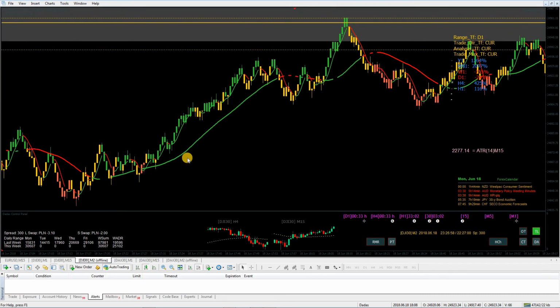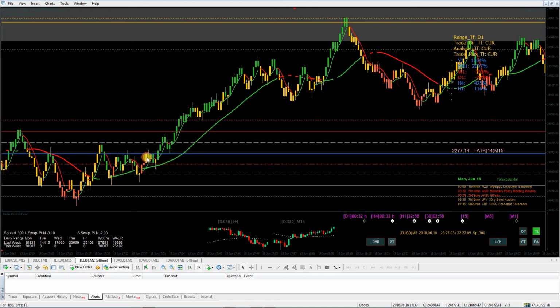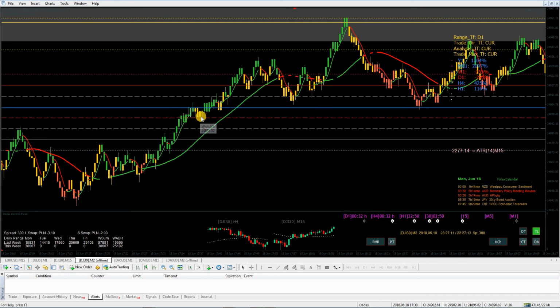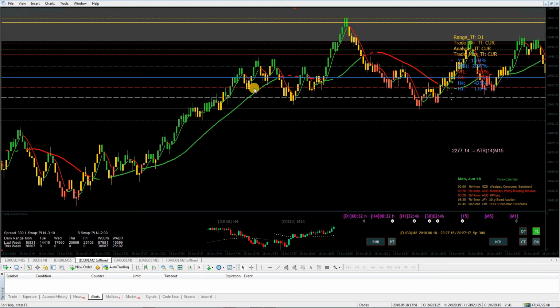You see, so on this trend you had an opportunity to get in right there, somewhere at a good price. You maybe had an opportunity to get in right there, and then you even had another opportunity to get in after this retest. But you see, right here already we don't get the take profit.